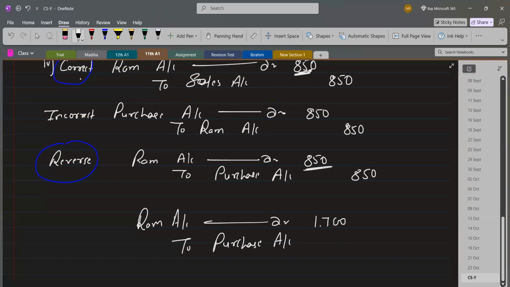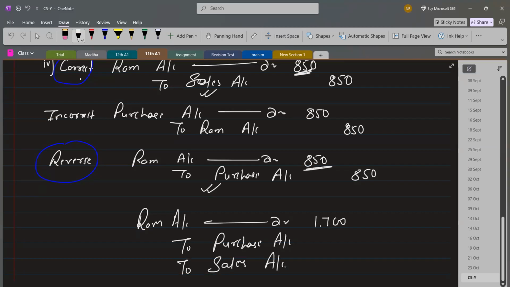Very good. Now purchase account here in this one we have to write, and sales account here we have to write. So purchase to sales. In combining two entries, you cannot leave any one.